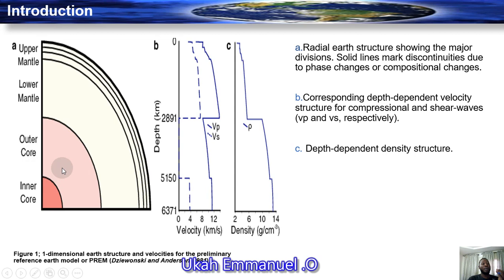But they can propagate through the solid inner core here, with the help of the P waves. So when P waves strike the molten outer core here at an oblique angle, they produce S waves, which propagate through the solid medium.